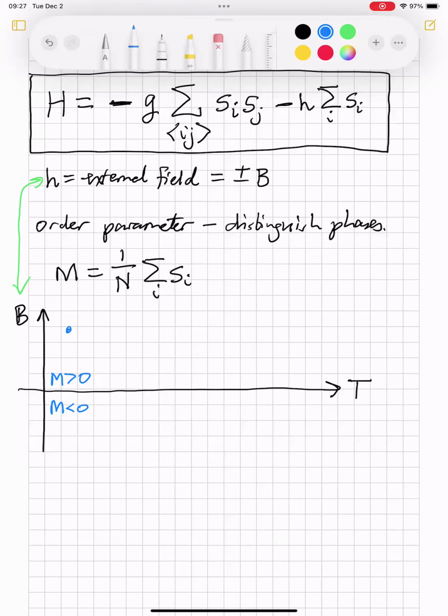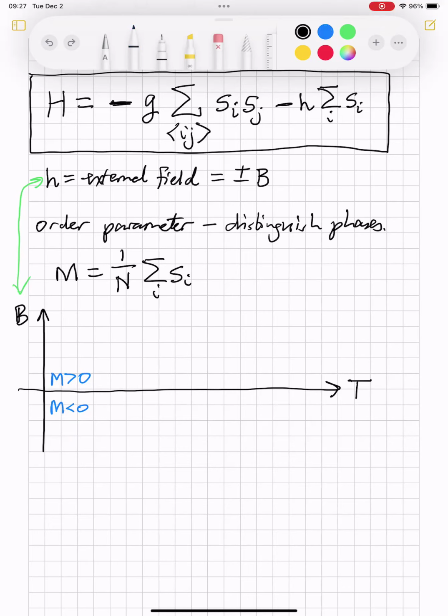And then I can slowly switch that field over, and I'm left with all of the spins pointing up. Conversely, I could have started over here with a negative external magnetic field. That would have caused all of the spins to point down. And then I slowly switch off that field, and I'm left in the state where all of the spins point down.